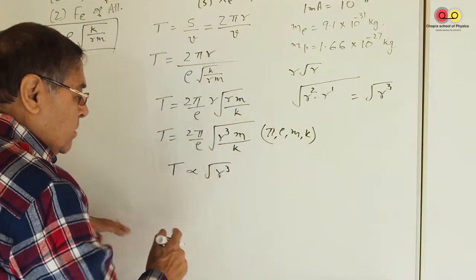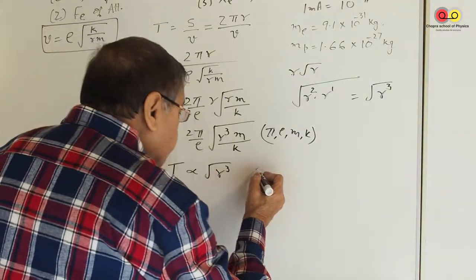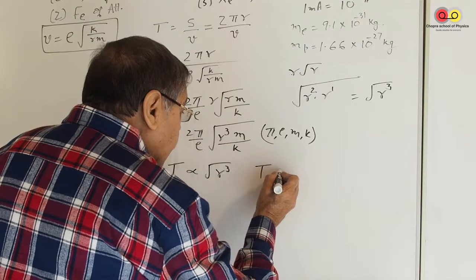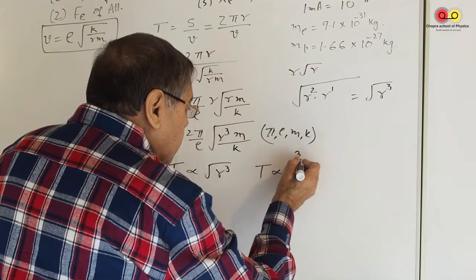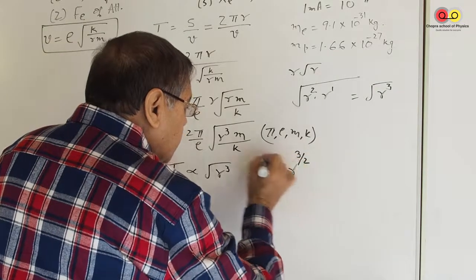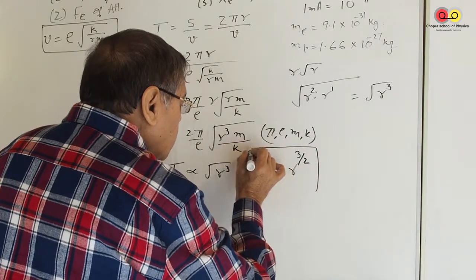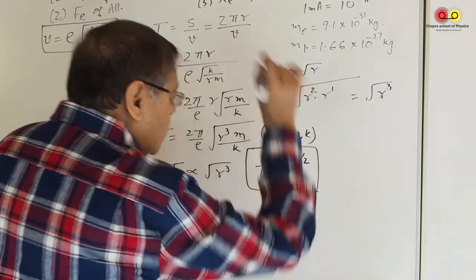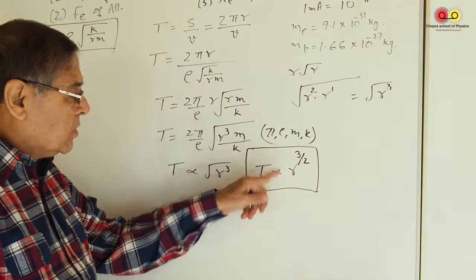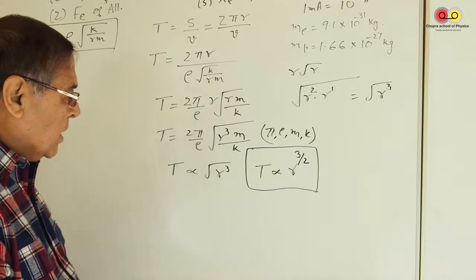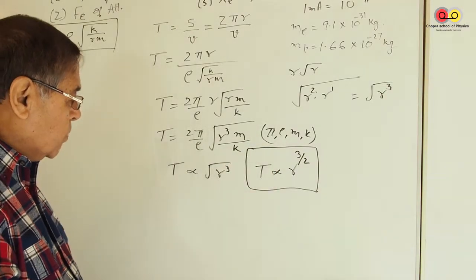We can expand it more elaborately: T is directly proportional to R to the power 3 by 2. Now this is a law to be remembered, to be applied in various questions. T is proportional to R to the power 3 by 2.